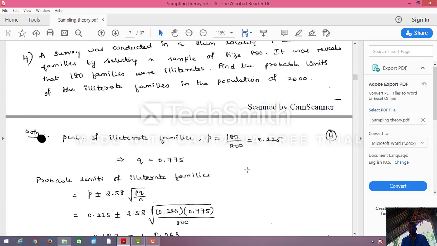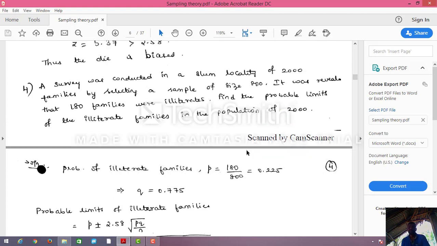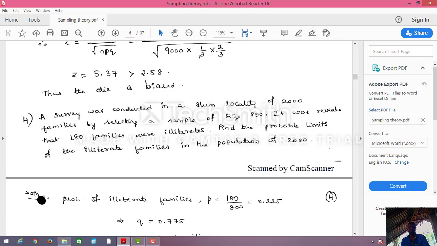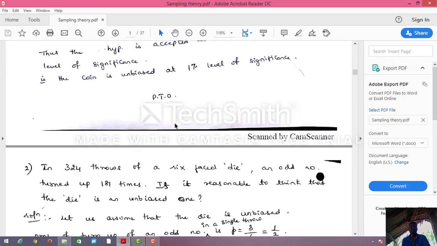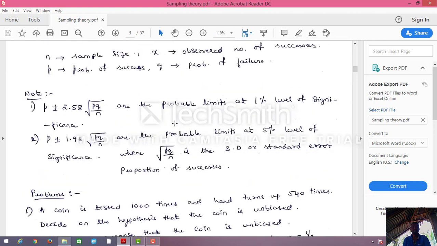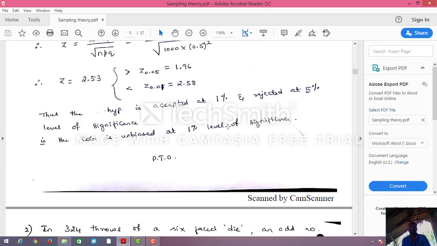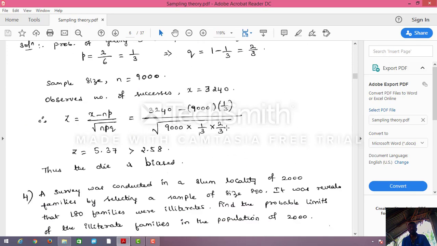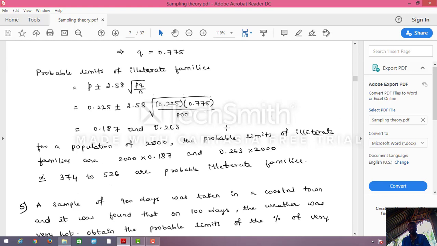Already I have given the formula, and that formula only I have used here. Probable limits for 1% level of significance is what I used in this problem. So 374 to 526 are the probable illiterate families.